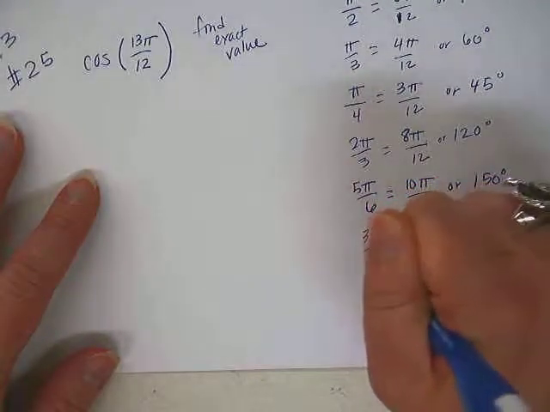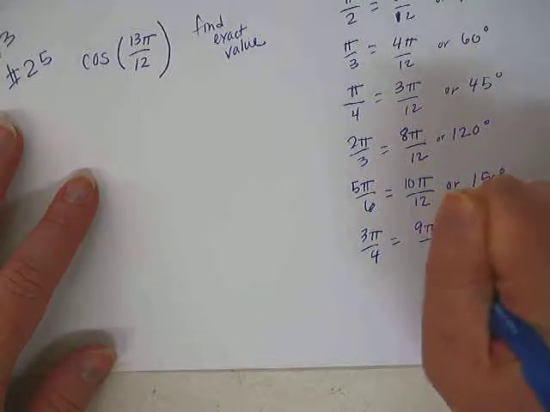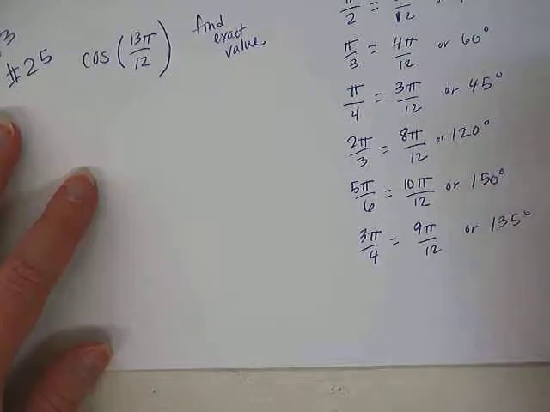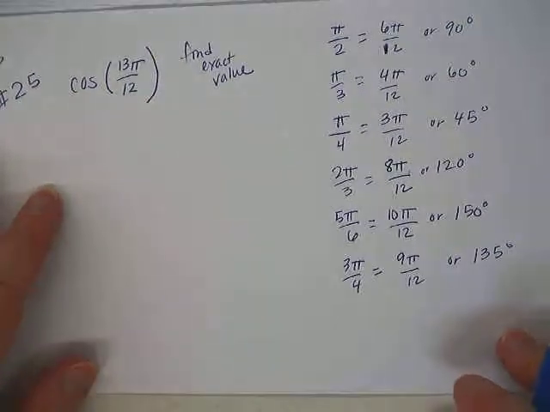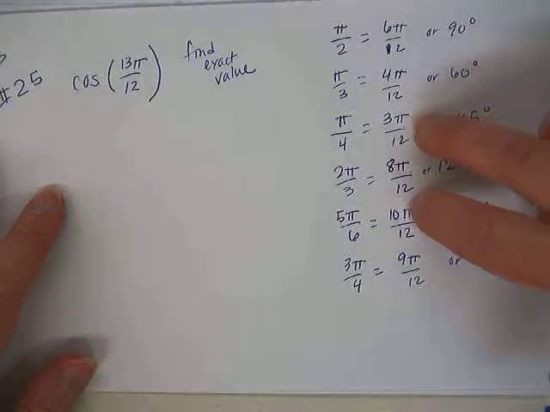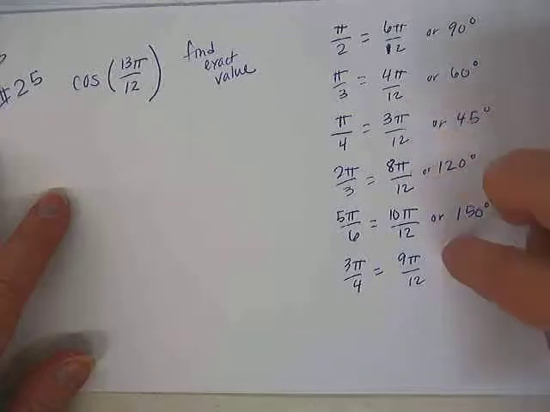Okay, you're saying the book used 3 pi fourths, which would be 9 pi 12ths, and that's 135 degrees. Now that gave us more options to add up to 13, so we could do these two, or we could do these two.